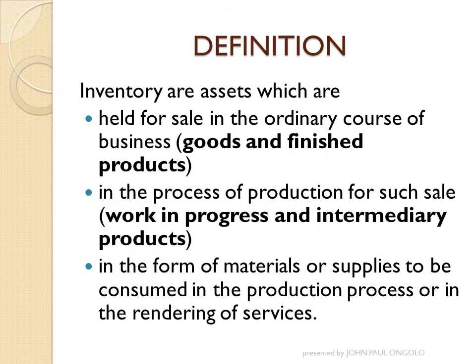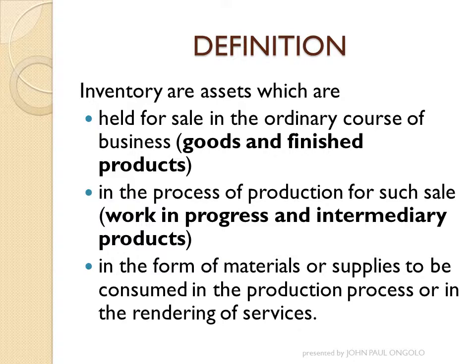Inventory are assets which are either held for sale in the ordinary course of business, or in the process of production of such, meaning maybe part finished goods, work in progress, services in progress, goods in process. Or inventory can be in the form of materials or supplies which are going to be consumed in the production process or in the rendering of services.